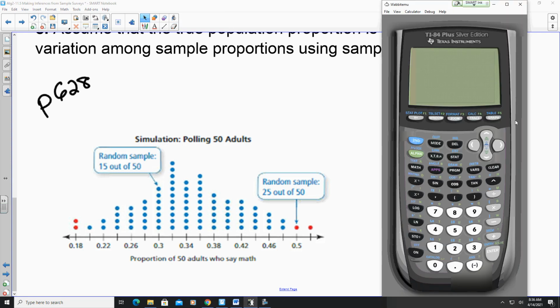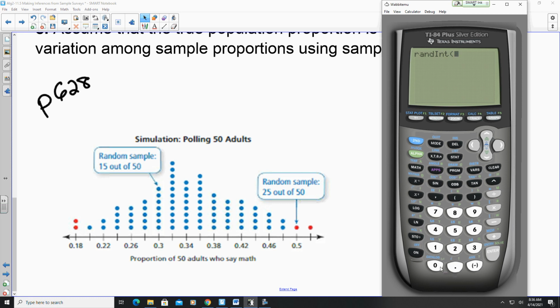If you take your graphing calculator, click on math, scroll towards PRB, and go all the way down to number 5. Number 5 is going to select random integers. When you click on that, it's going to prompt you to create 3 numbers.